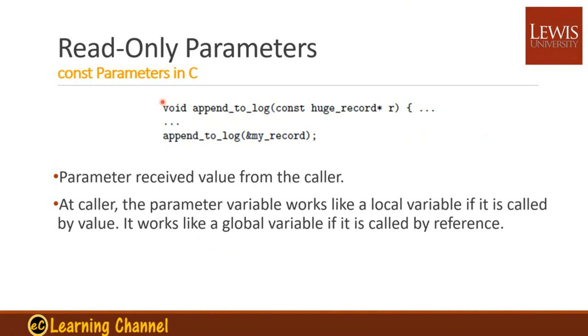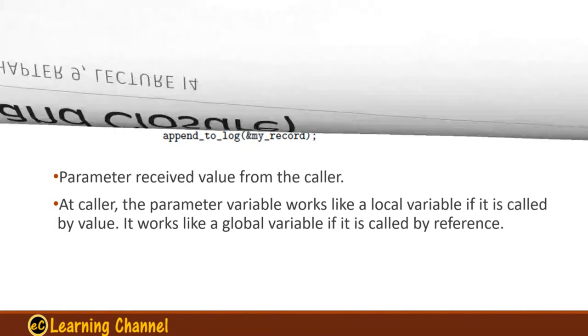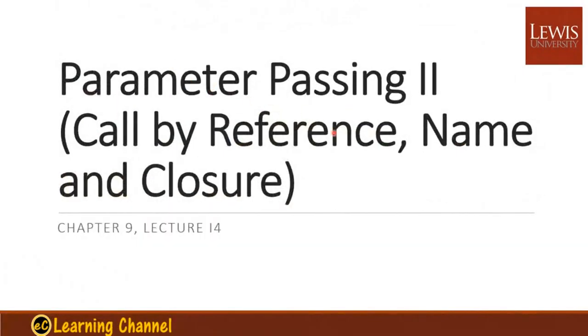For a const parameter in C language, you can think of it as just passing a value in, and even if it is a pointer, you cannot modify it. Parameter passing also includes call by reference, name, and closure.